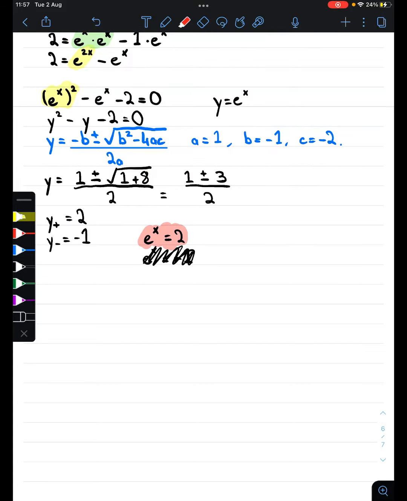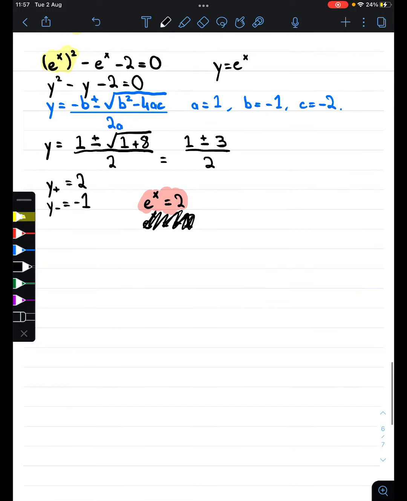Okay, and now we can solve this. e to the what equals 2? That's the same thing as writing x equals ln, or log e, of 2. Because log e of 2 is just saying e to the what equals 2. And that's what we're trying to find out. It's x.